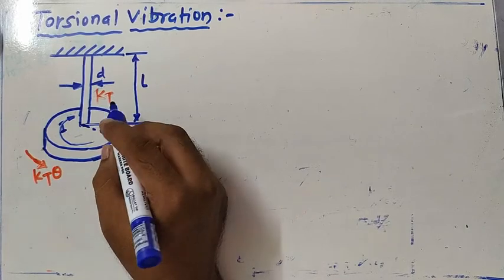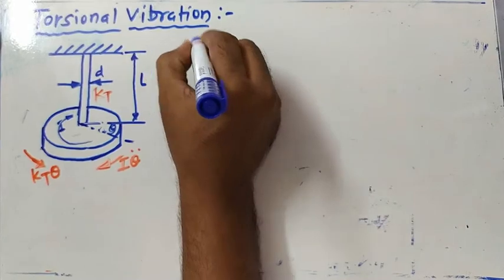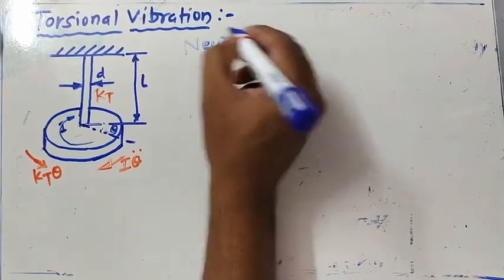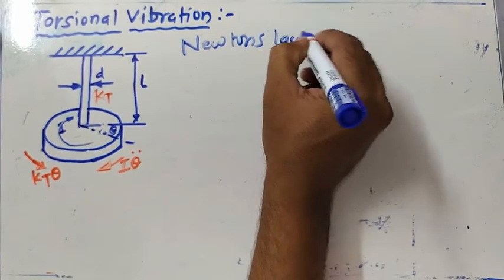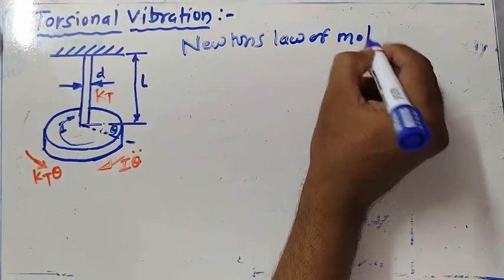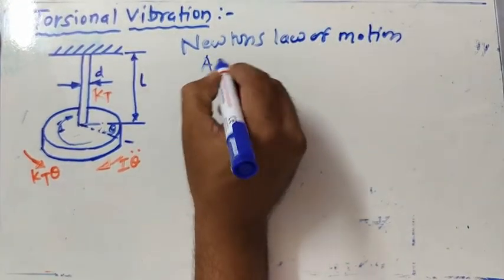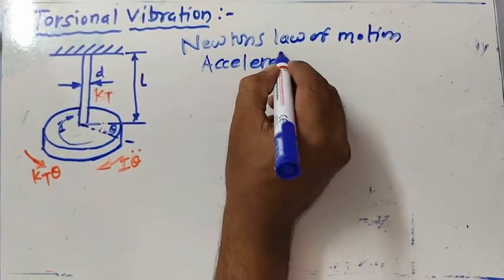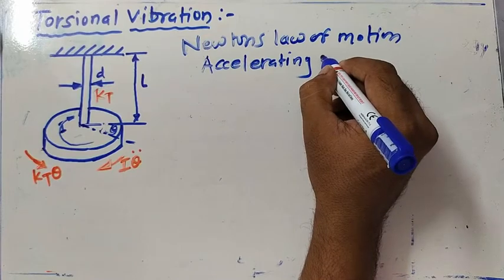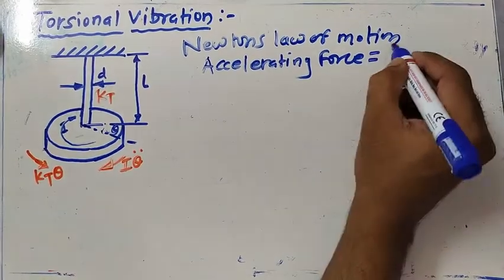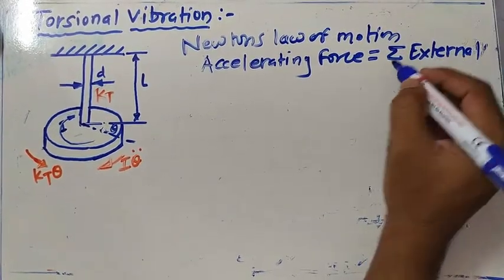Now, as far as Newton's second law of motion is concerned, we know the accelerating force must equal the summation of external forces.